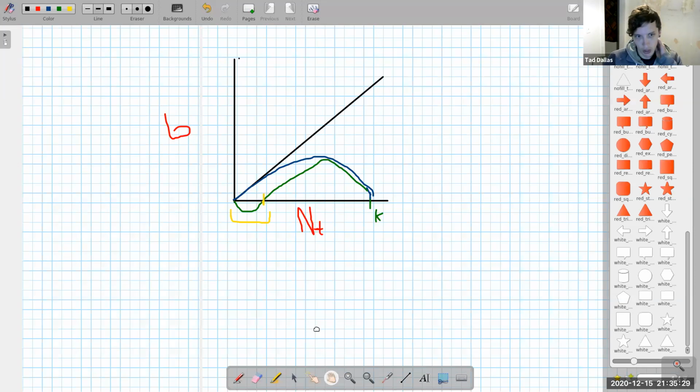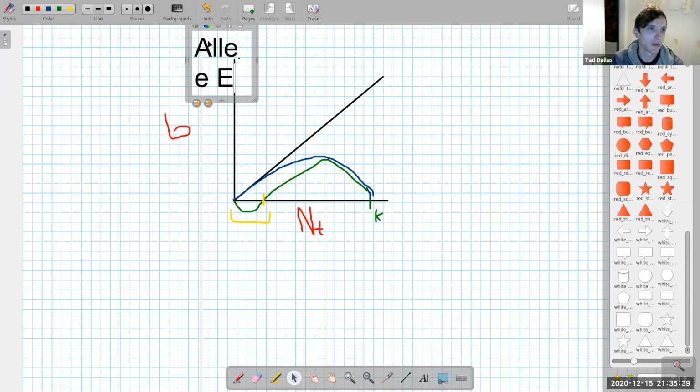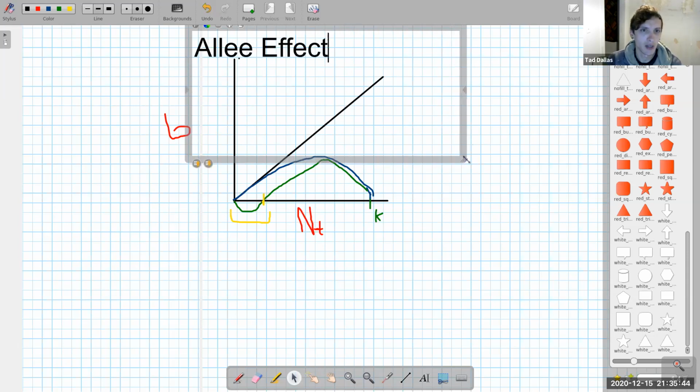So this is essentially the Allee effect. Hopefully the conceptual way I explained it makes sense, and hopefully this plot also makes sense.